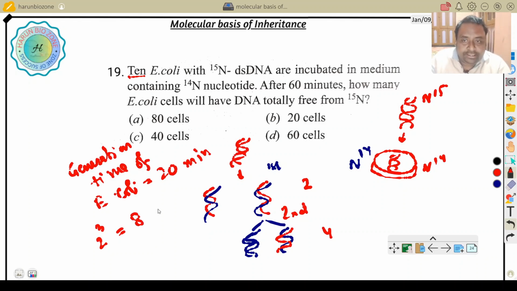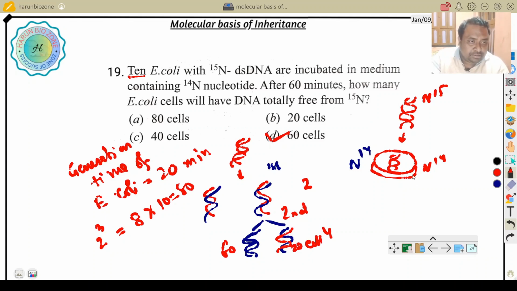The 10 E. coli means 10 into 8, 80 total cells produced. The right answer is 60 cells: 16 cells are totally free from such type of cell, and 20 cells are produced of the other type.